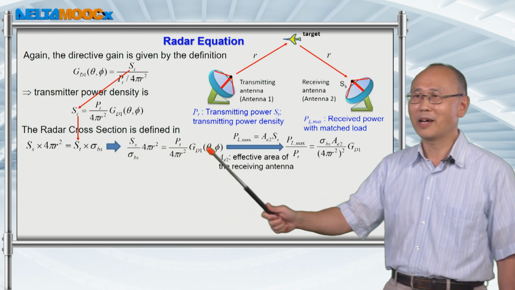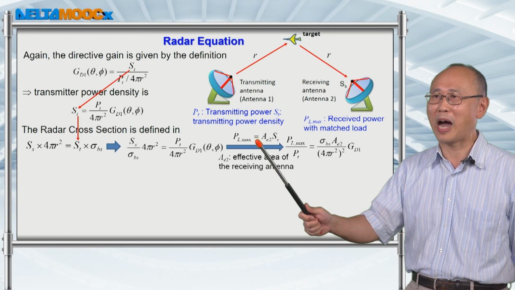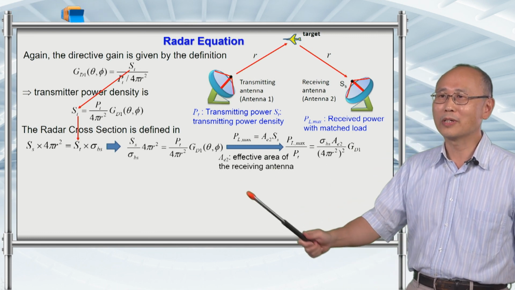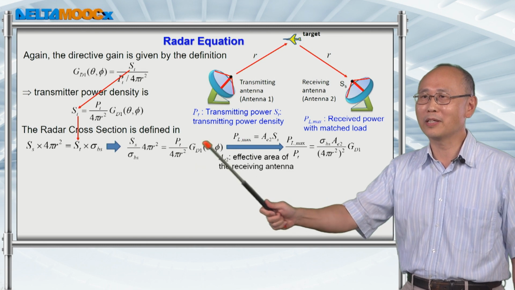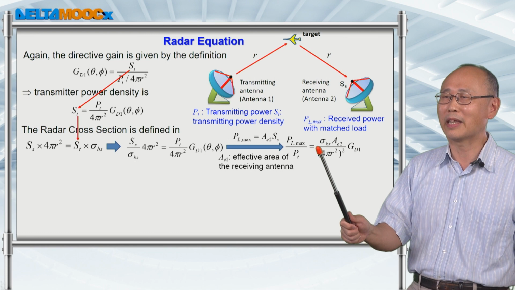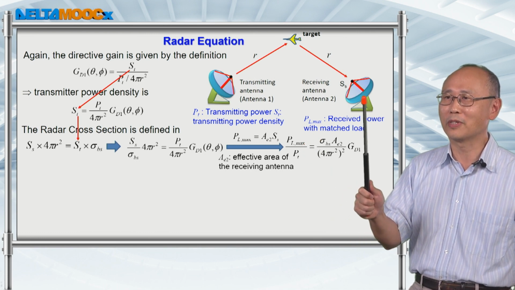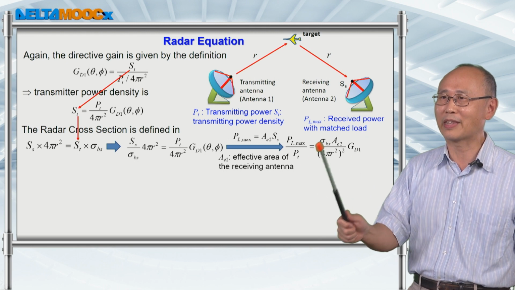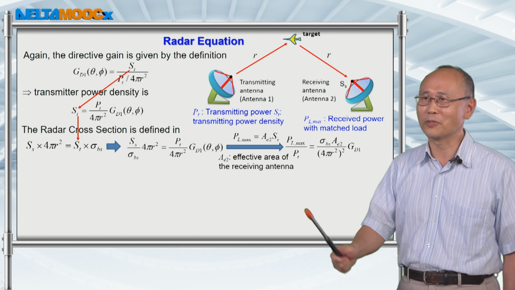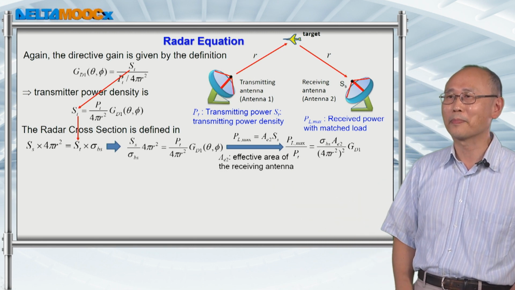Then you also use the maximum power going into the receiver antenna. If you put these two expressions together, you get an expression that relates the power transferred to this receiver antenna in reference to the transmitted power from the transmitting antenna.